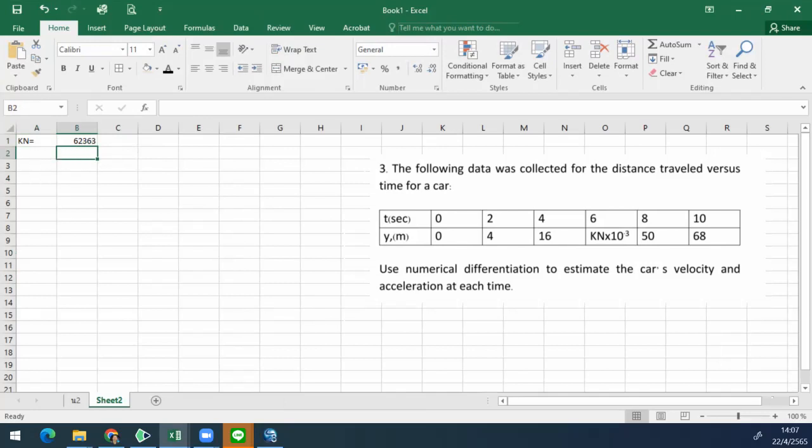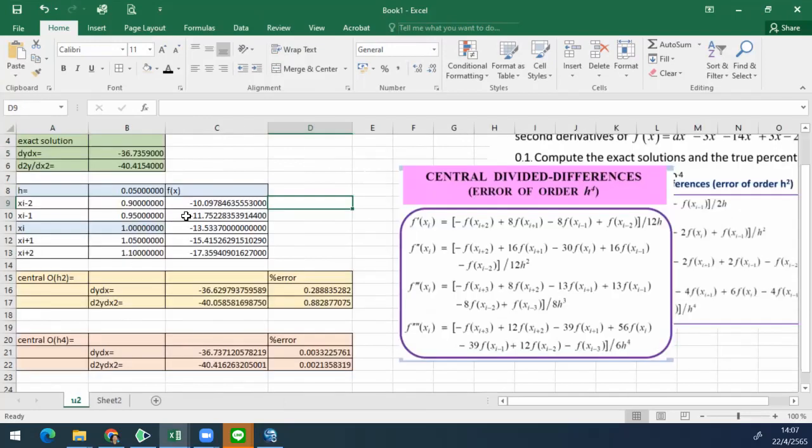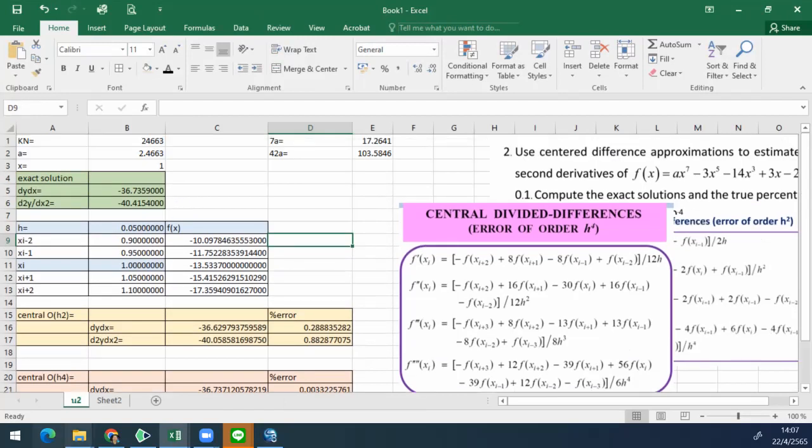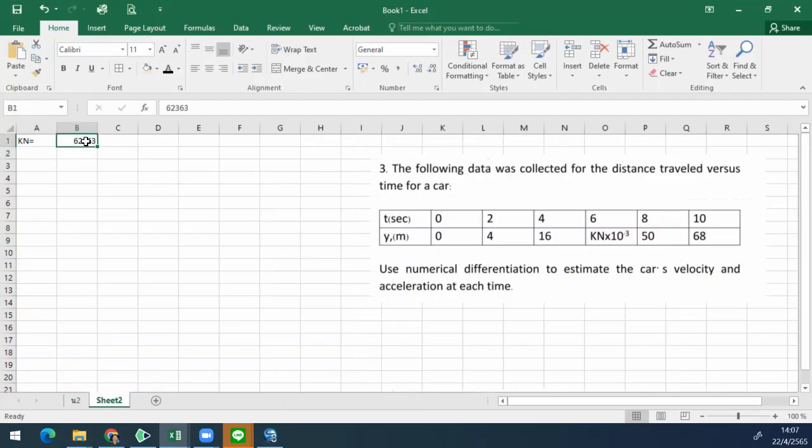We may create the table for this problem like this, with time and y.